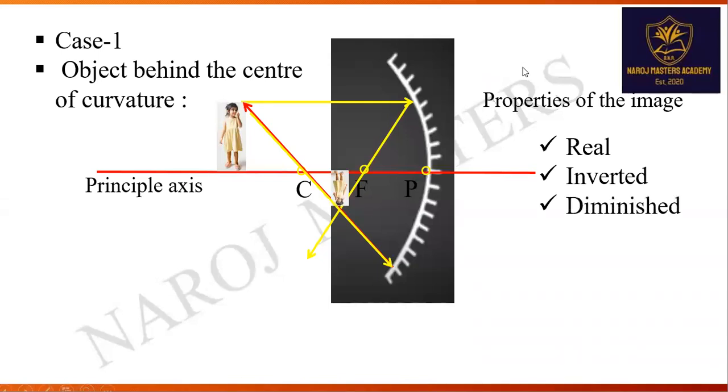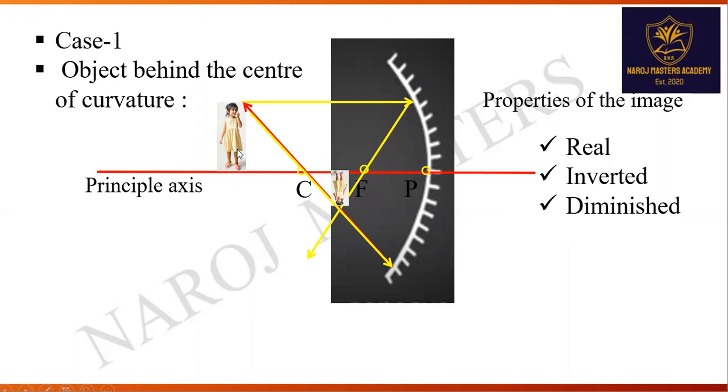So the image formed here is real, formed by the actual intersection of the reflected light rays, inverted, below the principal axis, and diminished, smaller in size compared to the object.